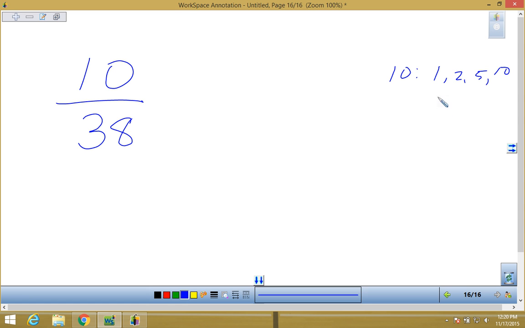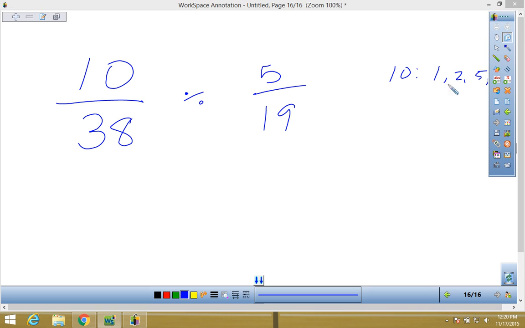Well, if I remember my divisibility rules, this number has to end in a 5 or a 0 for 5 or 10 to even work. This is an even number, so 2 will work. So if I divide both of these by 2, what is my new fraction in simplest form? 5 over 19. Good. Questions about this one? Okay, here's the next one.